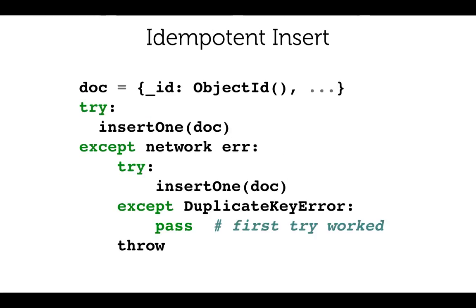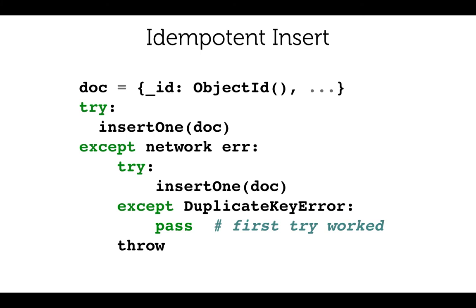And insert, it's a little bit harder, but it's not that bad. The first step is that first line there in this sort of pseudo Python that I've written. You generate a unique ID on the client side, and MongoDB's object IDs are designed for this purpose. Once you've done that, you try to insert the document.